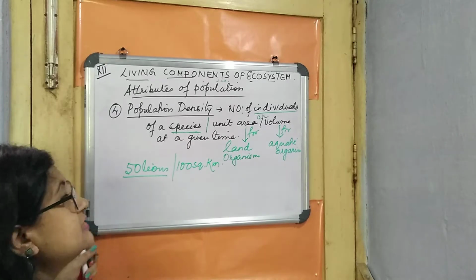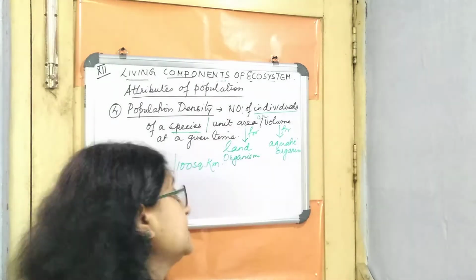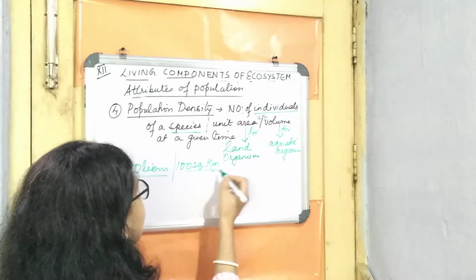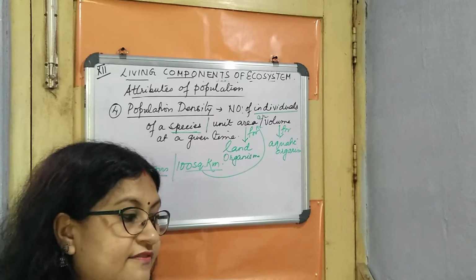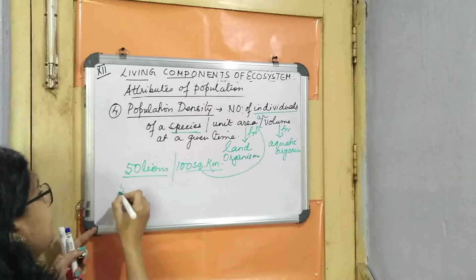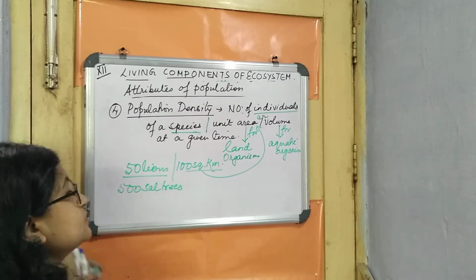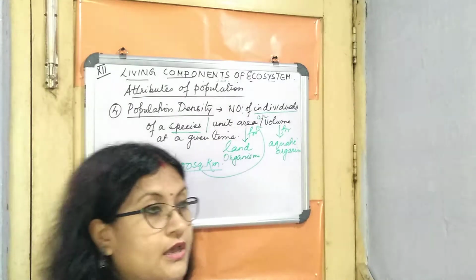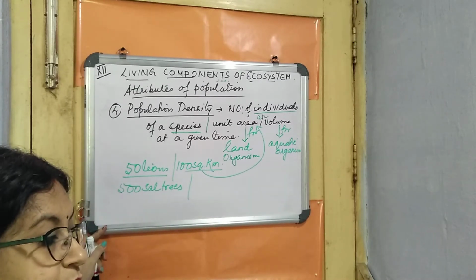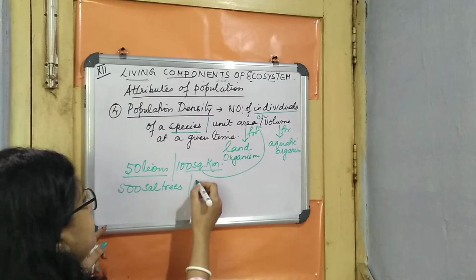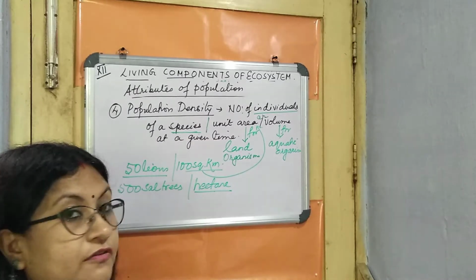So 50 lions are present per 100 square kilometers. This square kilometer is referring to area. Another example: suppose we take 500 sal trees, which are mostly found in forest areas. 500 sal trees are present per hectare, and hectare is also a unit of area.